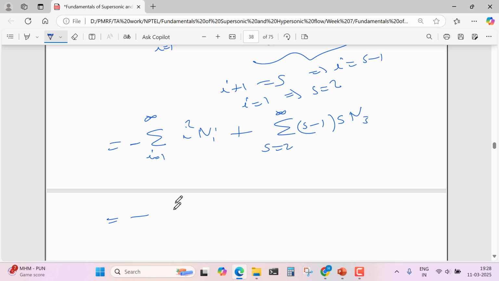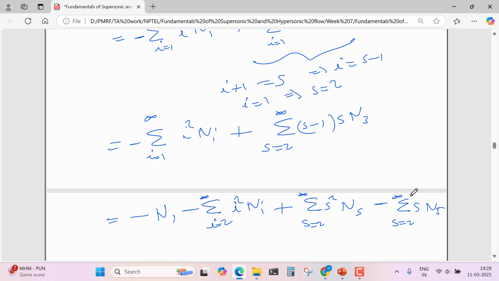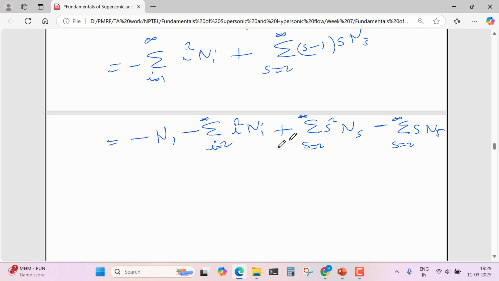For i equal to 1, it will be minus n_1, minus sigma i equal to 2 to infinity i square n_i plus sigma s equal to 2 to infinity s square n_s minus sigma s equal to 2 to infinity s n_s.